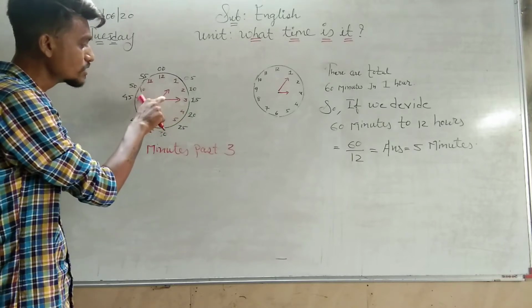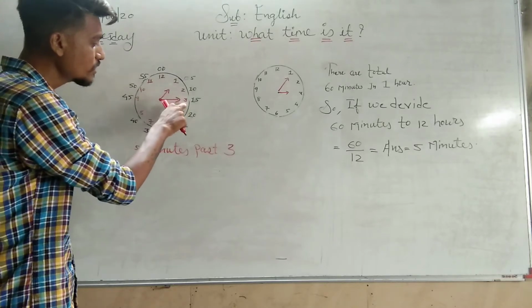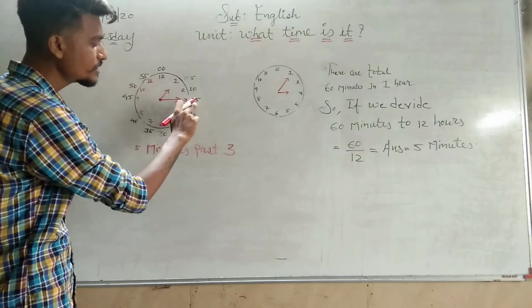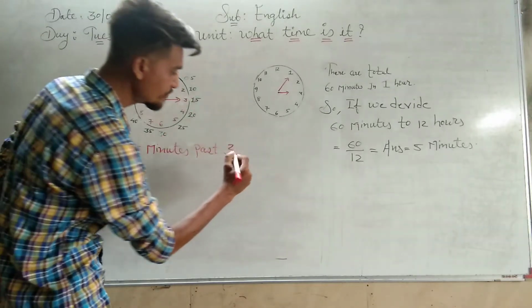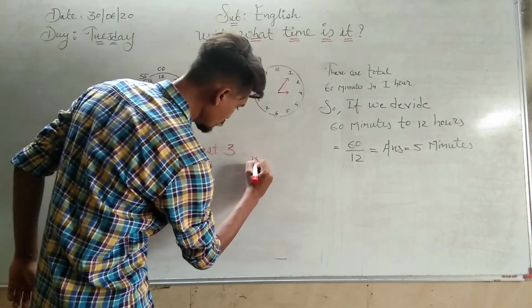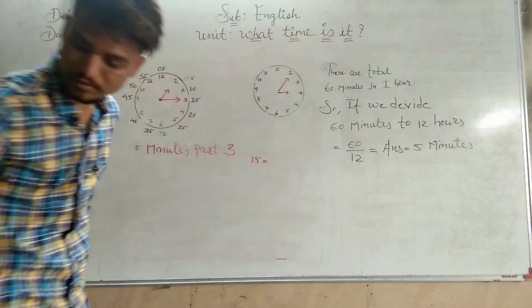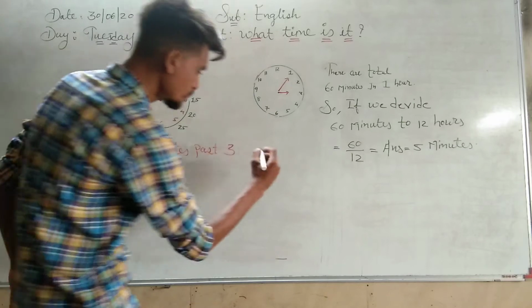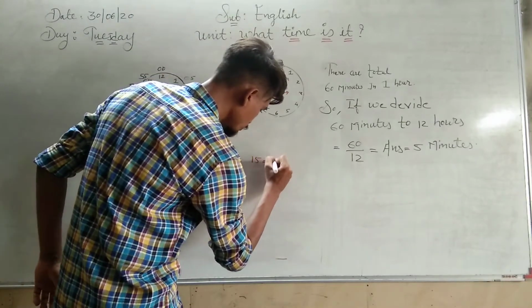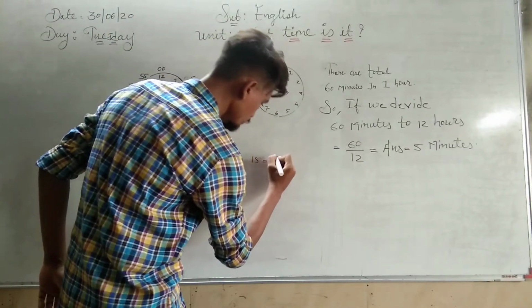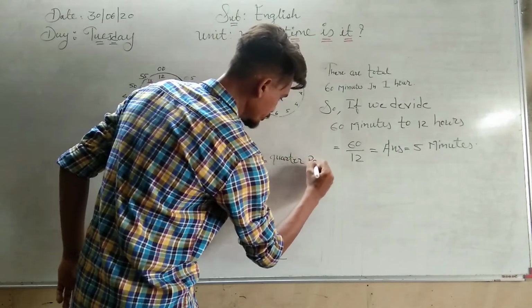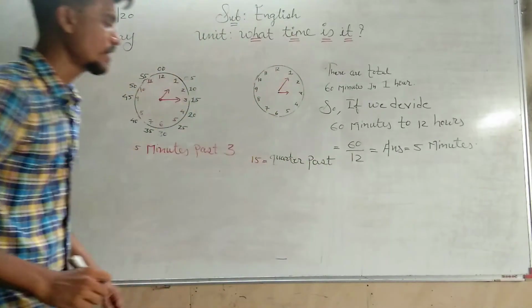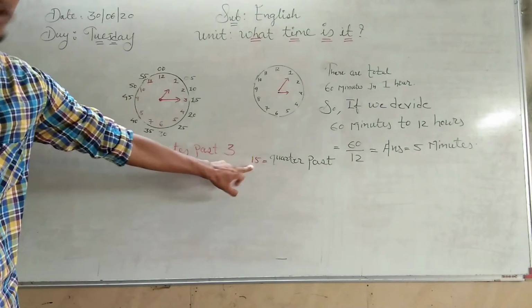The big hand is on the number 3. So how many total minutes are there? 15. So if there are 15 minutes, we can say quarter past.